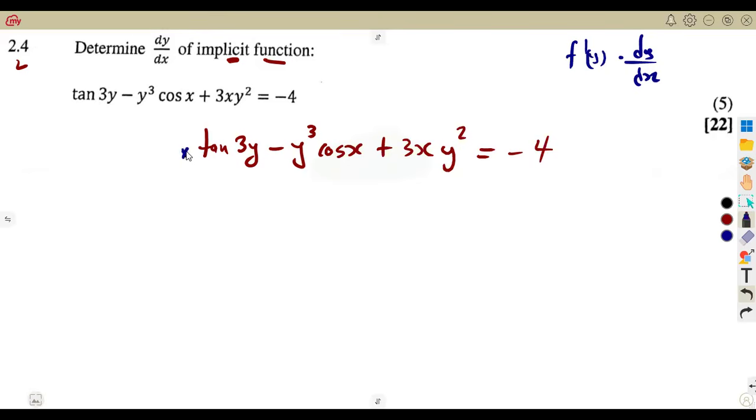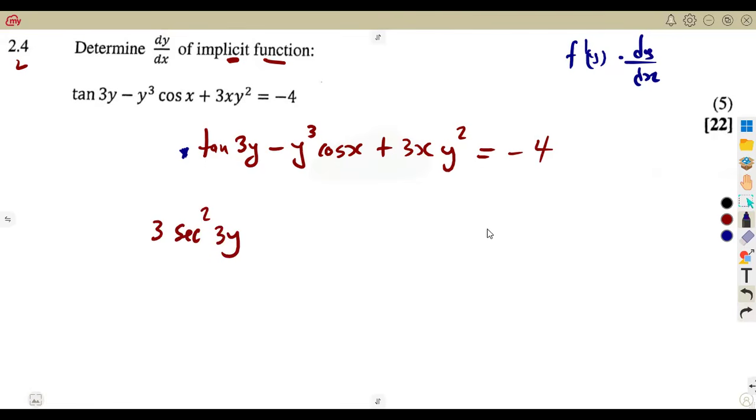There is a tan there. Tan 3y. How do you differentiate this? Tan is supposed to give us a sec. Remember, we saw that. But this number is supposed to be there, here. You differentiate the 3y also. So it's supposed to be 3 sec squared 3y.